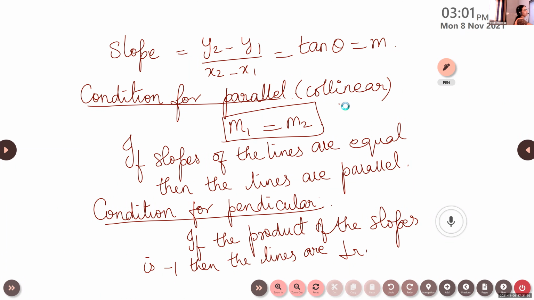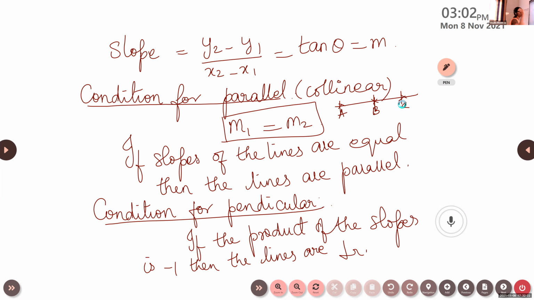Suppose you are given three points A, B, and C. Are they lying on the same line? You find the slope of AB and the slope of BC. Are they equal? If the slopes are equal, then they are collinear. So the condition for checking parallel and collinear is the same.